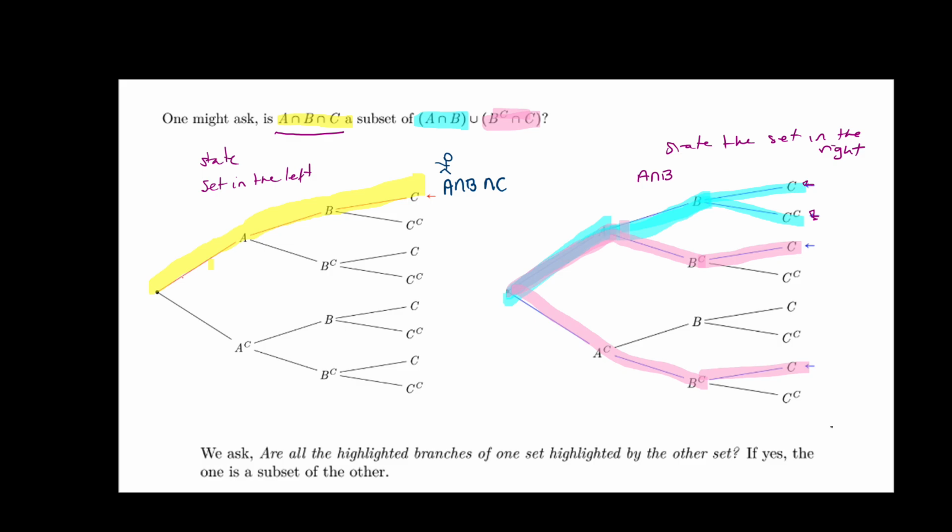Well, yes, A intersection B intersection C is actually highlighted here in the blue part, meaning that if blue or pink is good for me, actually the yellow is also good for me. So the yellow is part of the graph on the right. The yellow is contained in the graph to the right. Okay? So we have a subset. Okay? Questions?